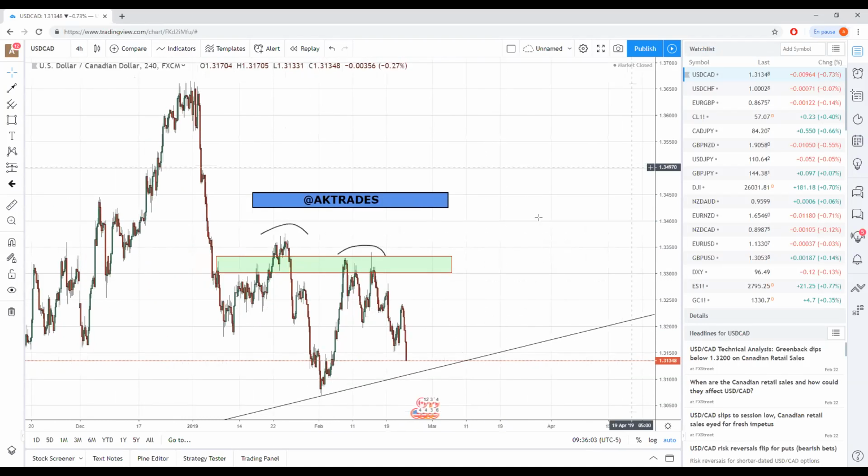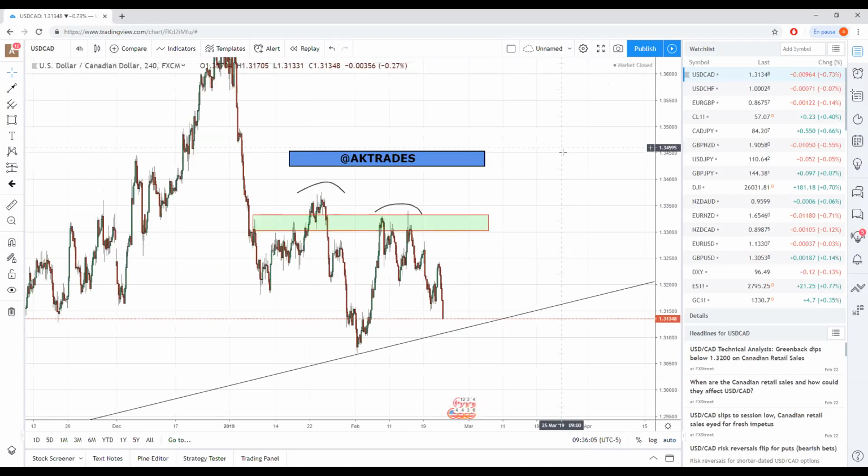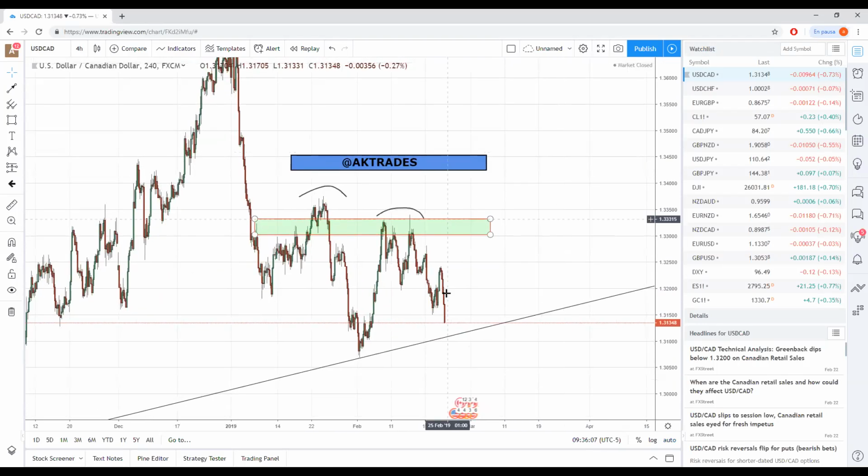But continuing with this week also, we were discussing last week that a good point of exit for this trade would be around 131, around this bullish trend line in the daily chart, because this could be a high probability area where buyers could enter and make the price pull back a little bit.